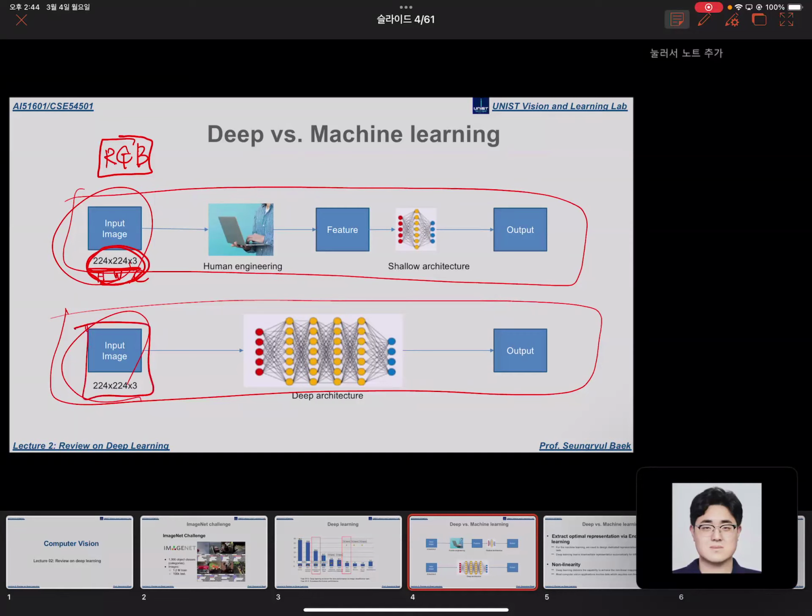So this is our input. In shallow learning algorithms, we extract some features which capture important characteristics of the object we are dealing with.